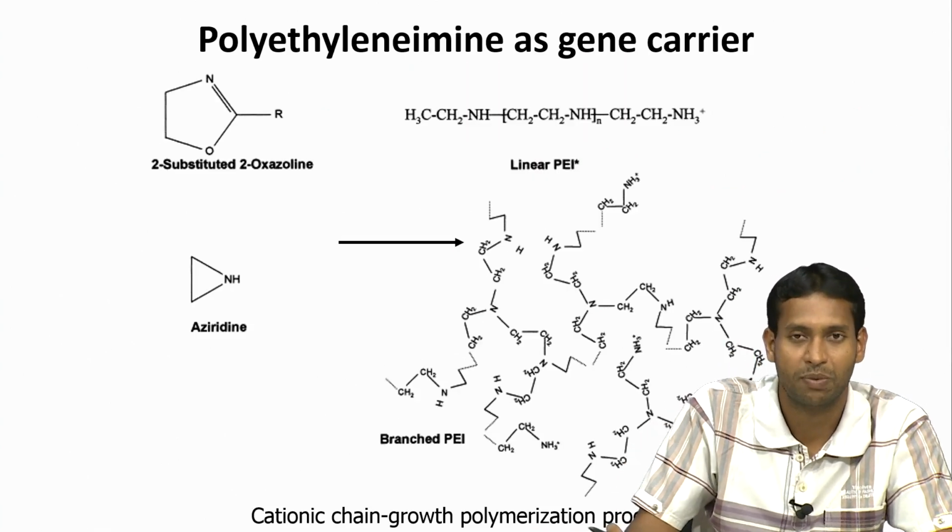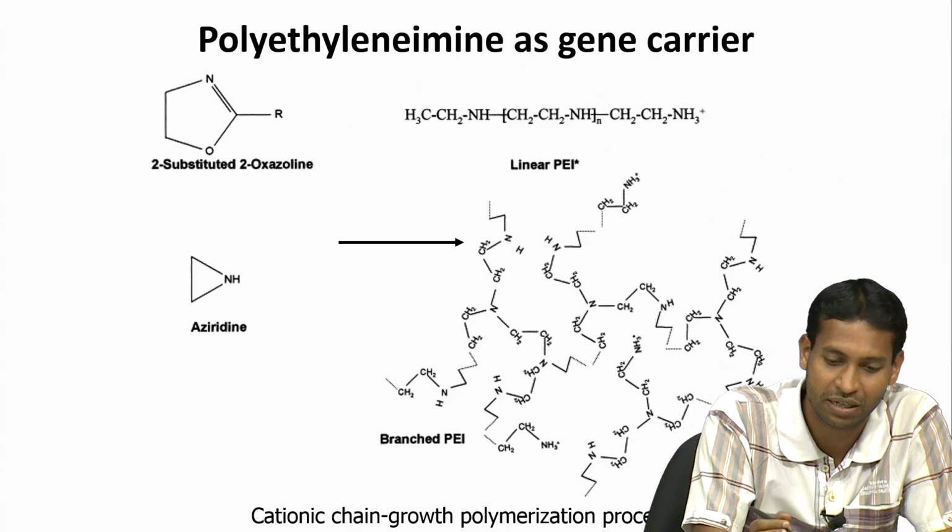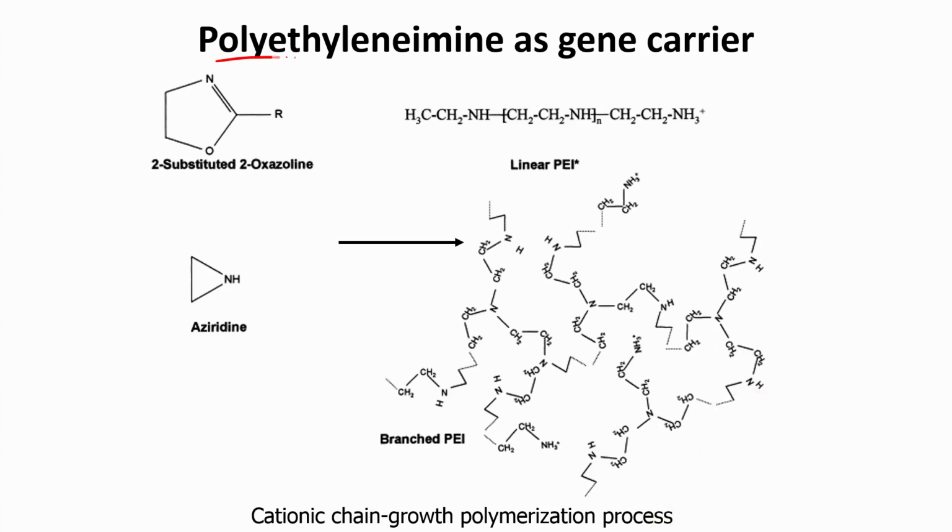So, let us look at some of the major ones that are used. I mentioned PEI. So, it is polyethylene imine. One of the most used polymers for gene delivery, and the reason for that is it is highly cationic, and so it solves two purposes. One, it forms complexes with DNA.